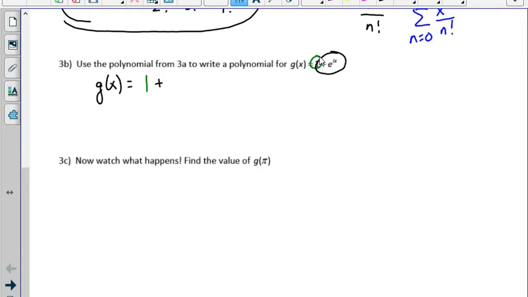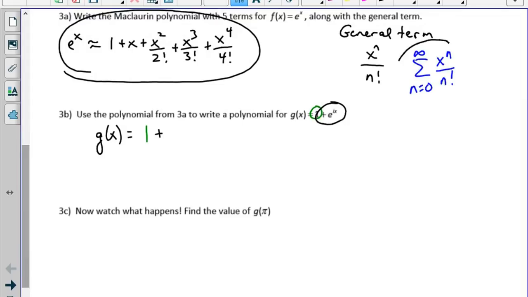So essentially I'm going to take my Maclaurin series for e to the x, and I'm going to replace x with ix. So every time there's an x that shows up, an ix is going to take its place.